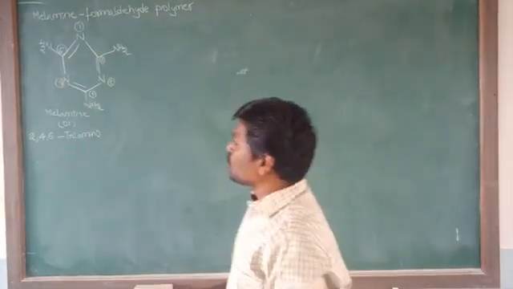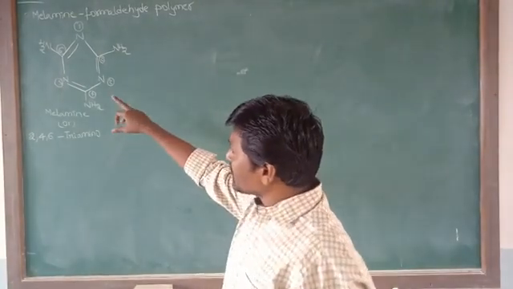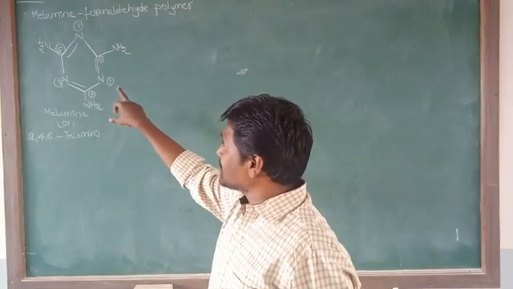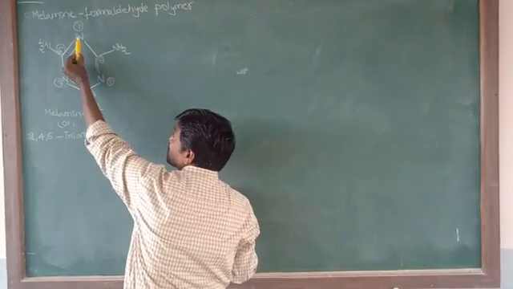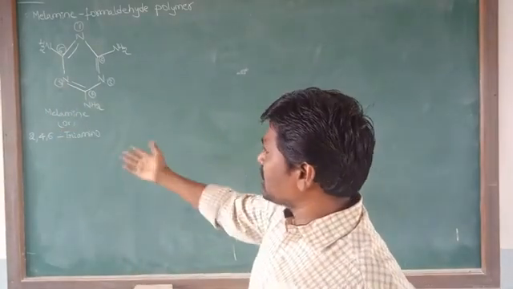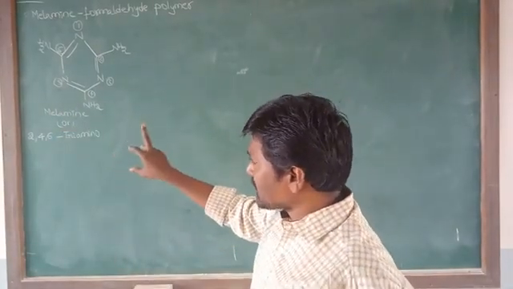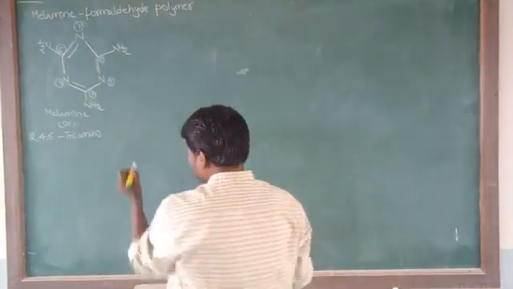That's why 2, 4, 6 triamino. The nitrogens are occupying the first, third, and fifth positions. So it is called 2, 4, 6 triamino 1, 3, 5 triazine.